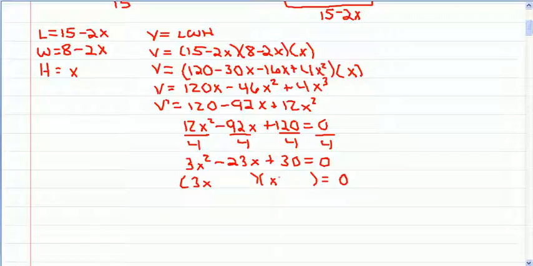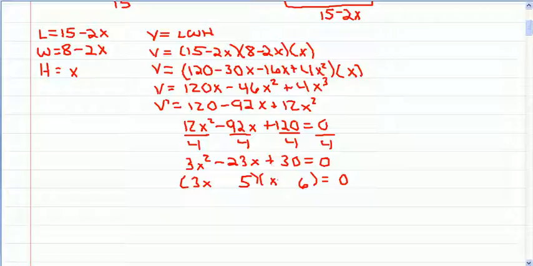So the two numbers that I will use for 30 are 6 and 5. If I place the 6 here and the 5 here, the outer product gives me 18x, the inner product gives me 5x. 18x and 5x is 23x.